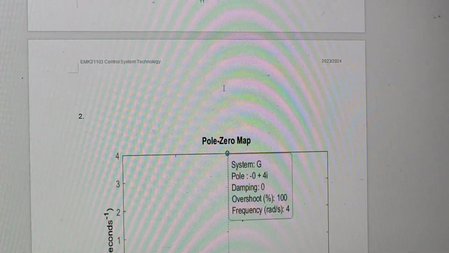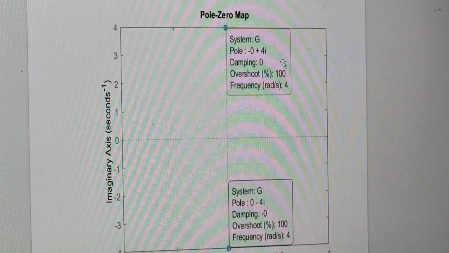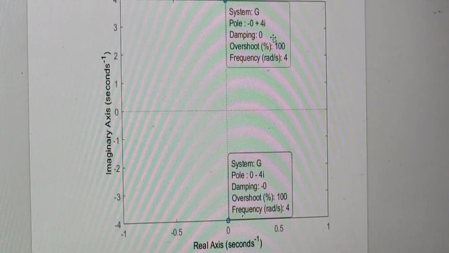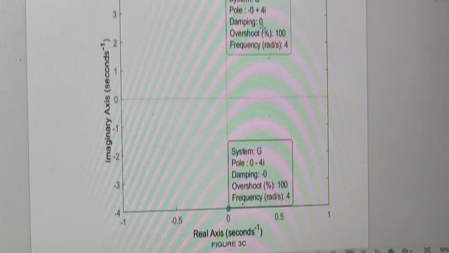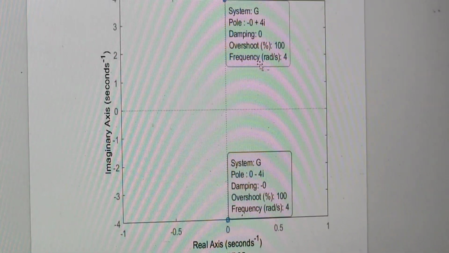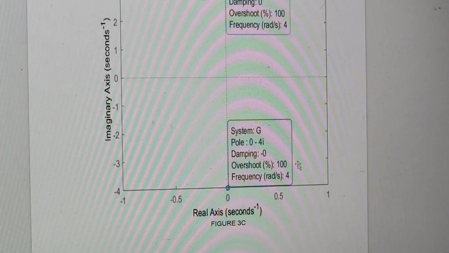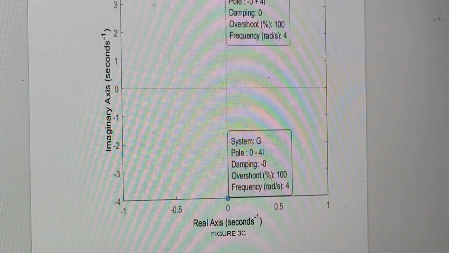This is the pole zero map, where the poles are negative 0 plus and minus 4j, damping is 0 and overshoot is 100%. Frequency is 4, the same as the previous one. This is figure 3c.